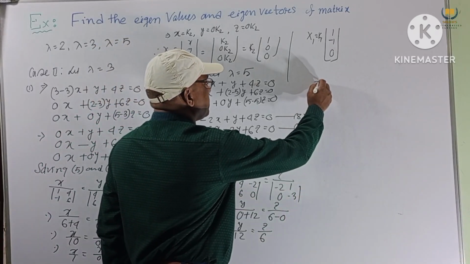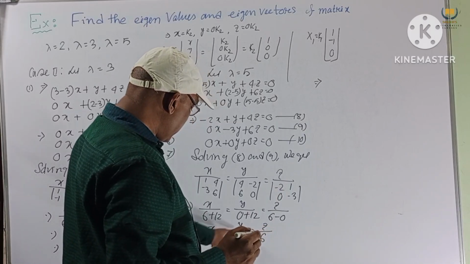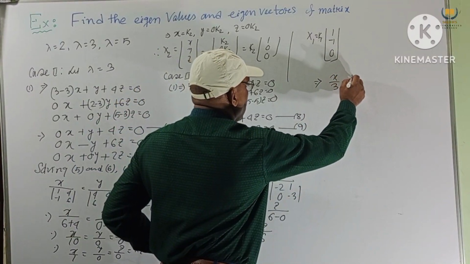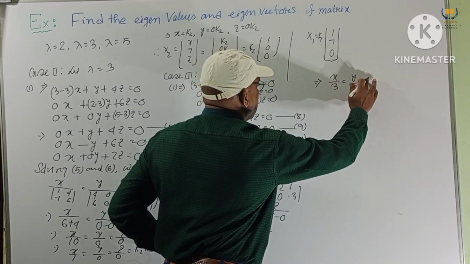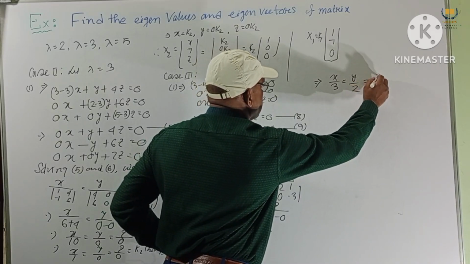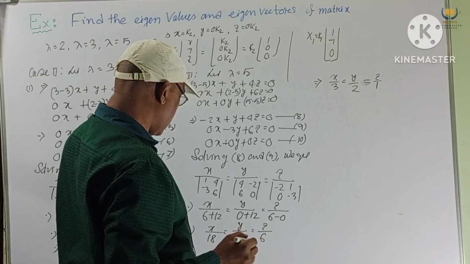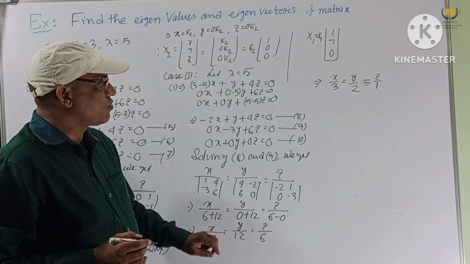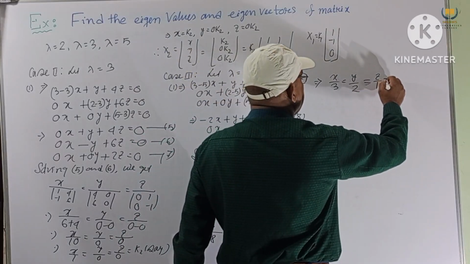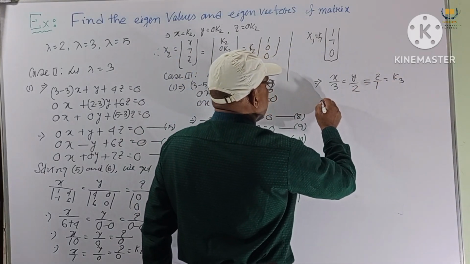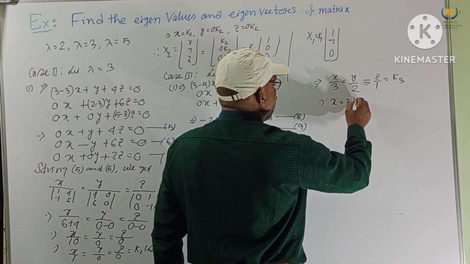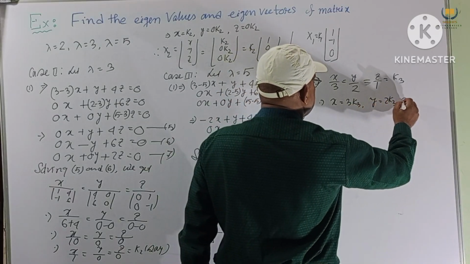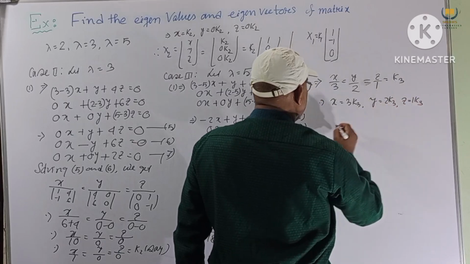This implies, dividing by 6, x by 3, y by 2 and z by 1. If we divide by 6, then we get 3, 2, 1. And this one we consider k3. So x equal to 3k3, y equal to 2k3, z equal to 1k3.